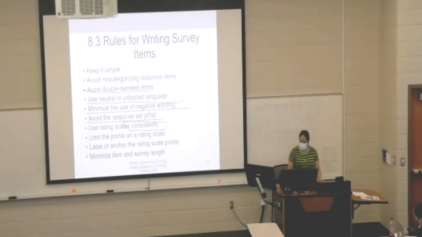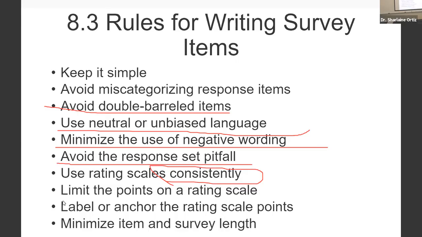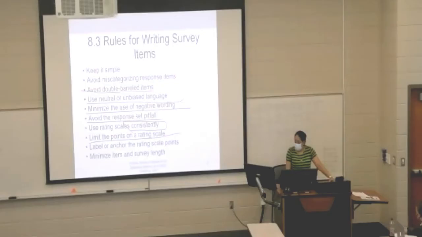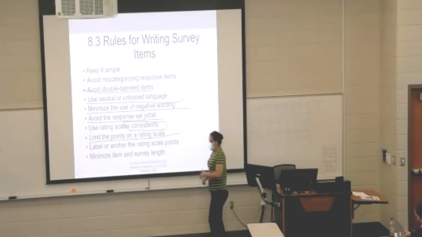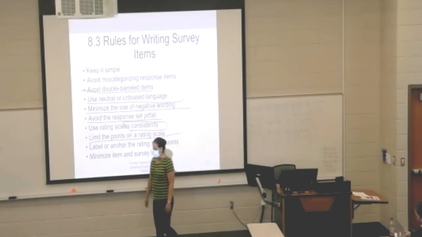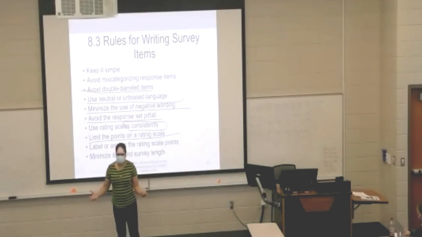You also want to limit the amount of points on that scale. There are multiple scales, right? You can use a response that has a midpoint, like I mentioned, the neutral in the middle. There are exceptions to that though, right? So we will have strongly agree, somewhat agree, neutral, somewhat disagree, and strongly disagree. But we can also have bipolar scales. Right?